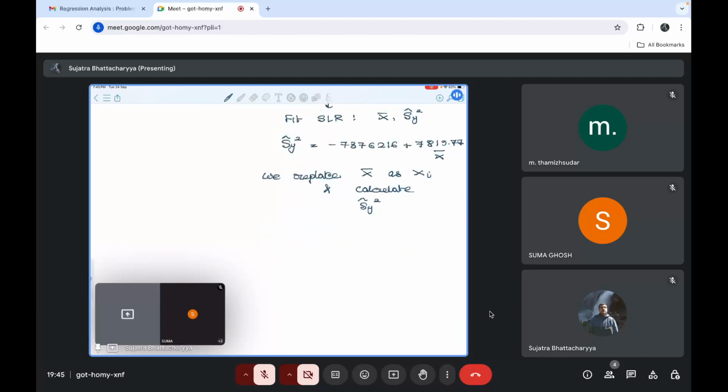Then we calculate Wi, which is actually 1 upon sigma i square. Sigma i square is many times unknown because we have only a sample, so we write s hat yi square. This is how the weights will be calculated. I will show you how the weights are calculated.